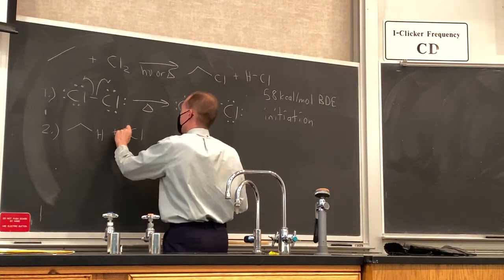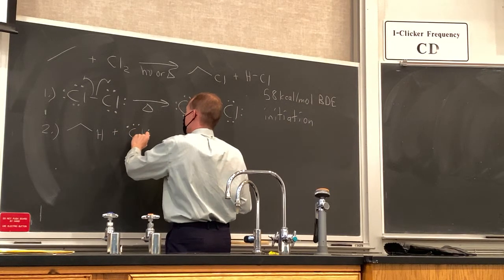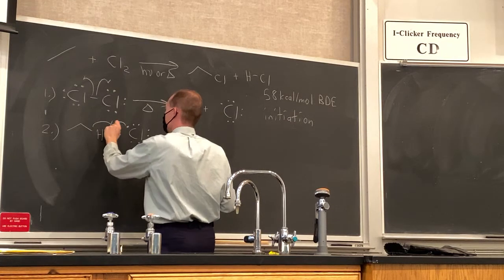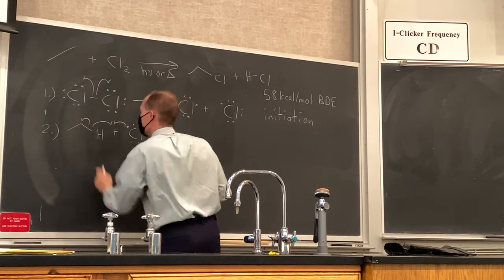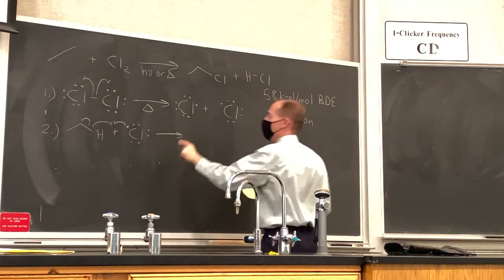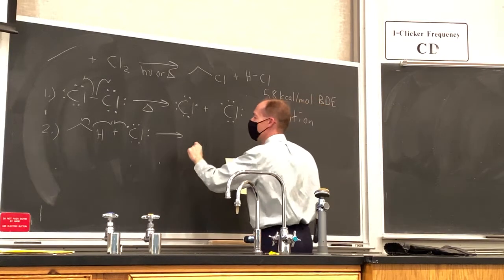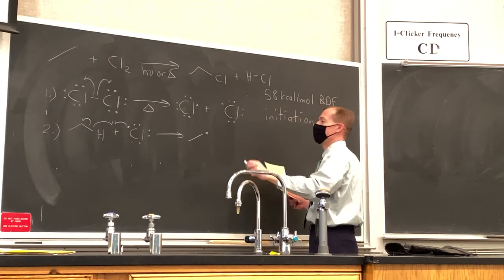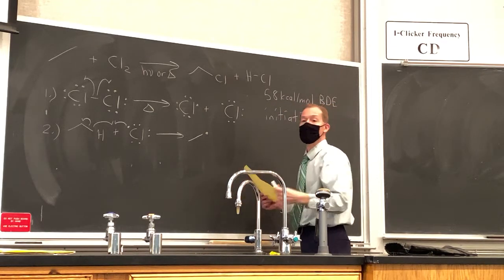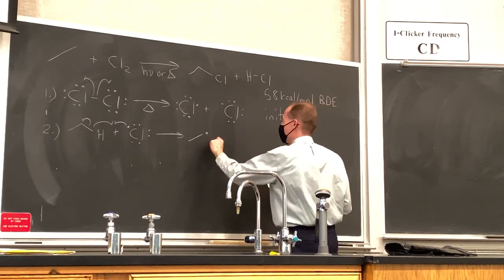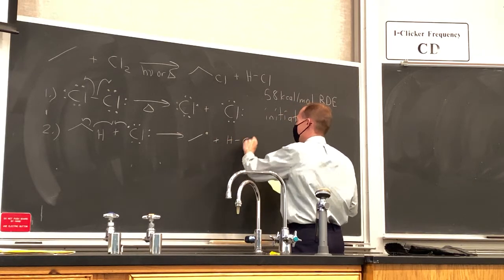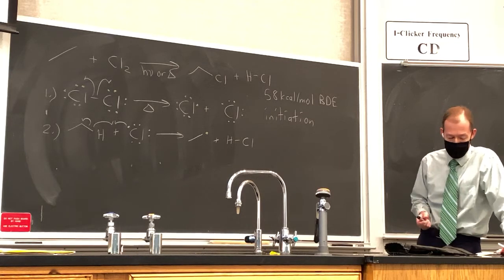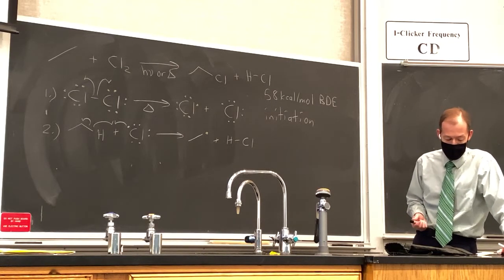So our chlorine radical is going to abstract a hydrogen atom, forming a hydrogen-chlorine bond and breaking a carbon-hydrogen bond. So we now have an alkyl radical, a carbon-centered radical, and we've now formed a molecule of HCl. So we've formed our byproduct in this step.